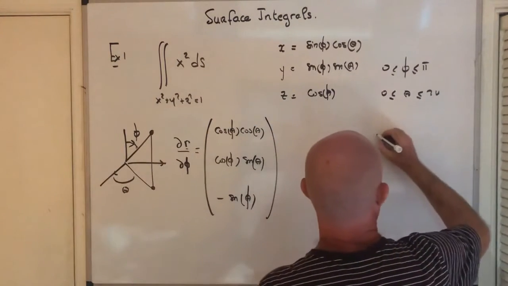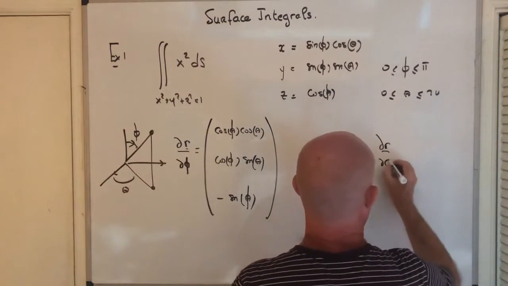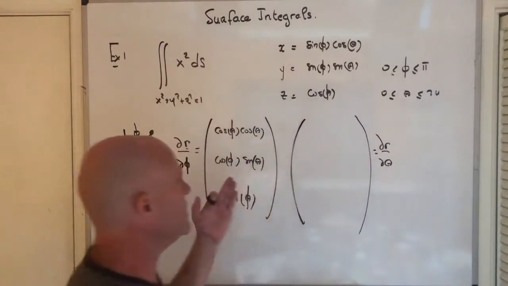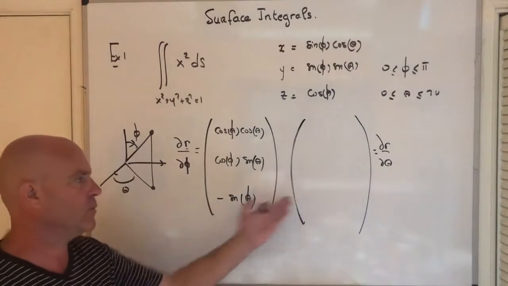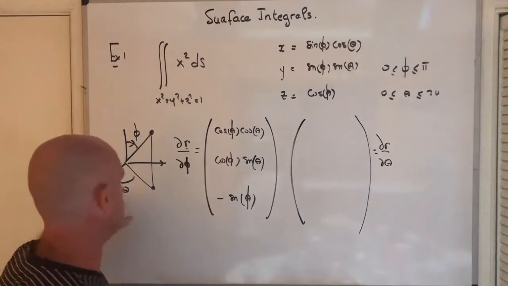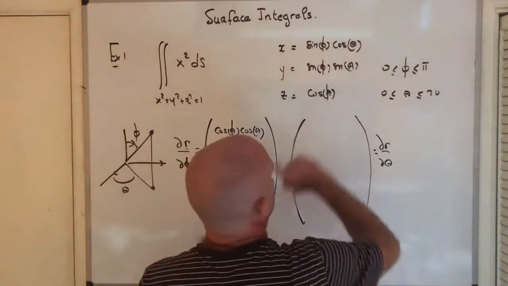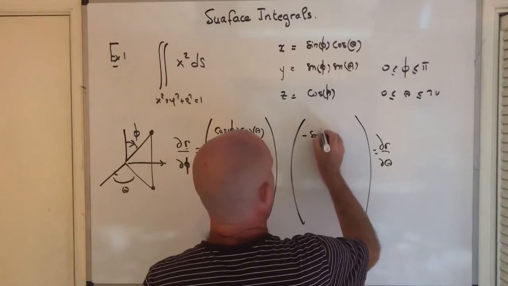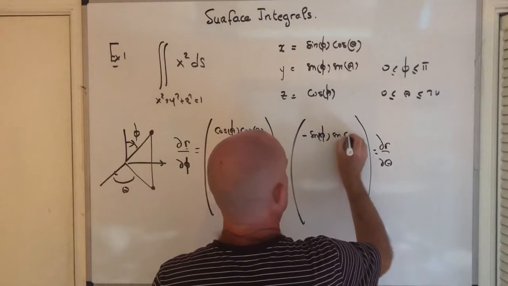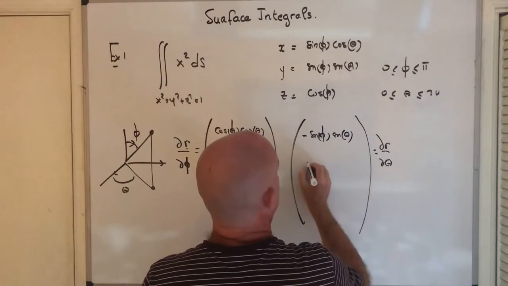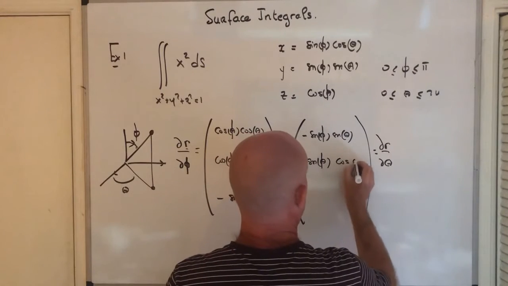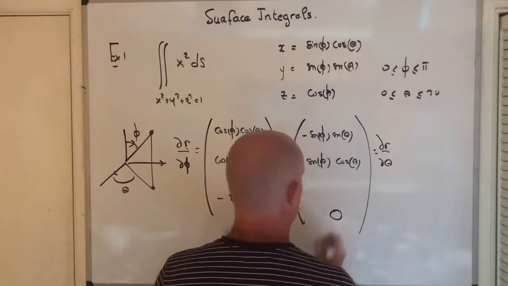Now we need to compute the partial derivative of r with respect to theta this time. So I put them in that way, in such a way that after that I will be able to compute the cross product, and I will put it here. So differentiating with respect to theta, we get minus sine phi sine theta, then sine phi cosine theta, and finally 0.